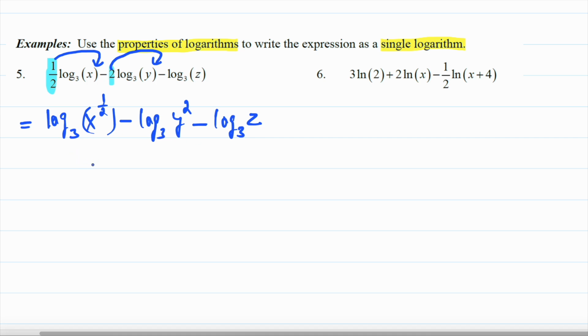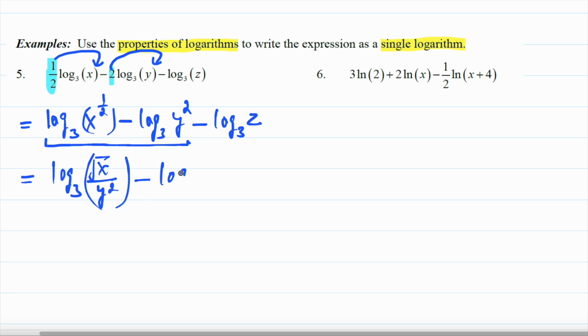Now you can just focus on the first two terms. There is a negative sign in the middle, so we can use the second property in the opposite order. We can write log m minus log n as log m divided by n. And then we have log base 3 z. This is also a negative sign.